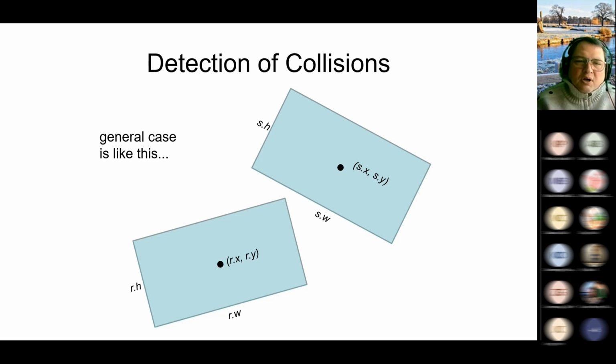There is an easy formula to detect collisions between such two rectangles, and then you can just rotate these rectangles. But it's quite complex, so I wouldn't like to spend too much time on it.